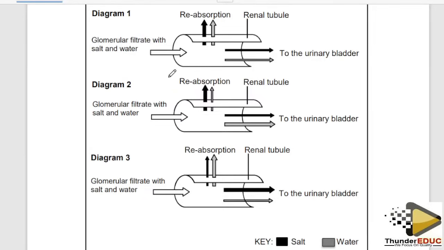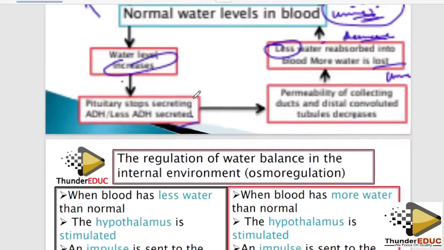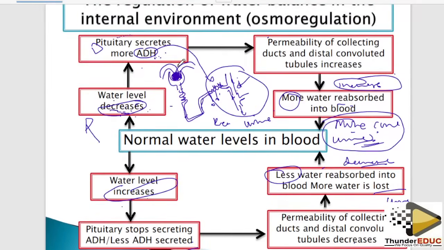Glomerular filtrate. When you talk about glomerular filtrate, I think you know. I drew the nephron here. This is the glomerulus. The filtrate is here. When you are sieving, the glomerulus is like a sieve. Only small particles go through. So the liquid which goes down is what you call the glomerular filtrate.